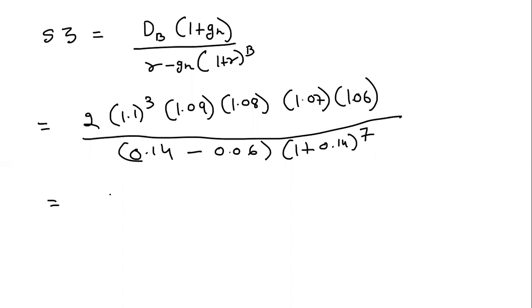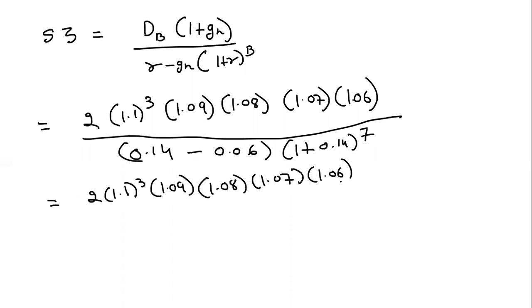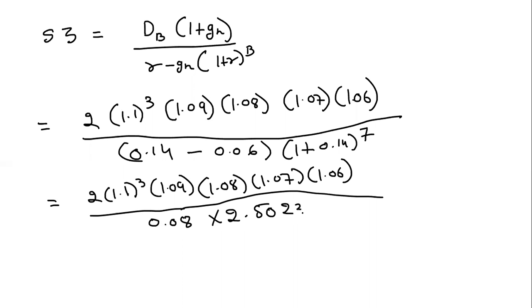So it is 2 into 1.1 cubed, 1.09, 1.08, 1.07, 1.06, divided by 0.14 minus 0.06, that is 0.08, into 1.14 to the 7, that is 2.5023.